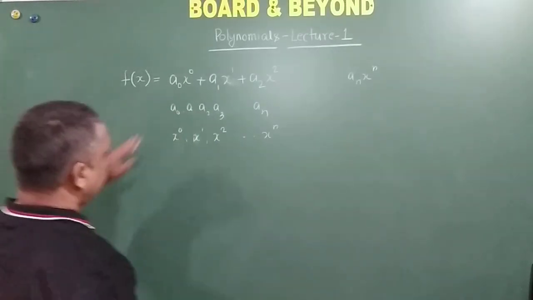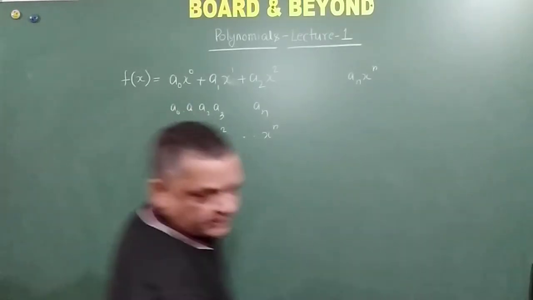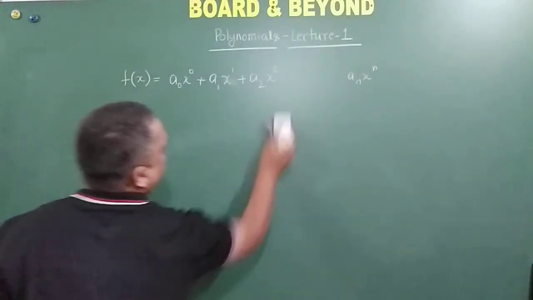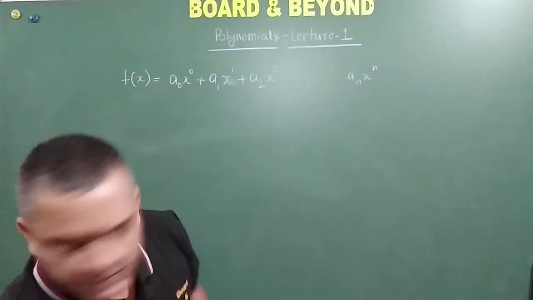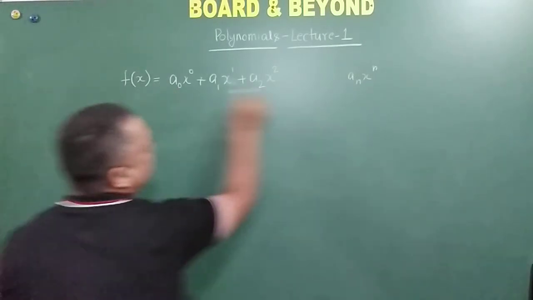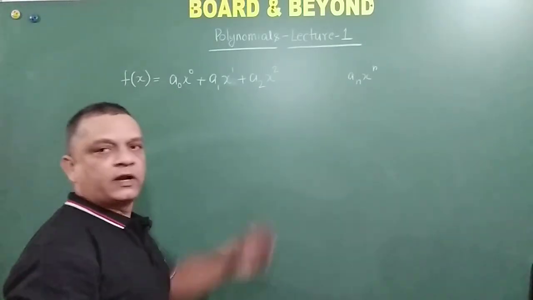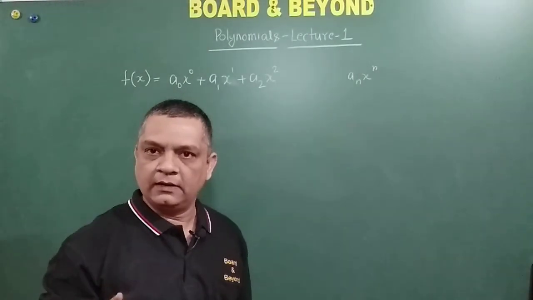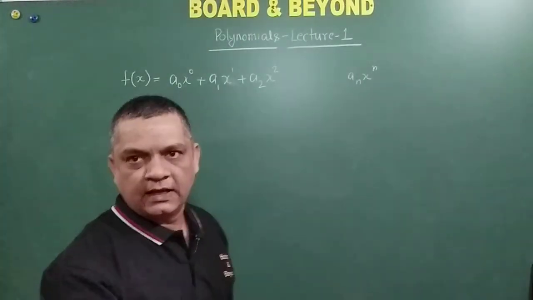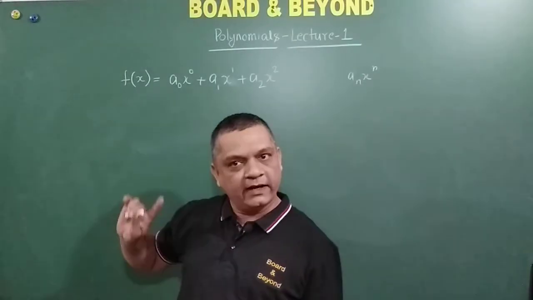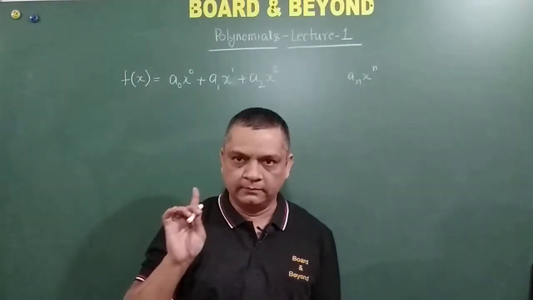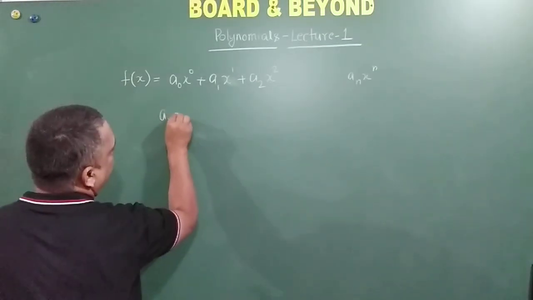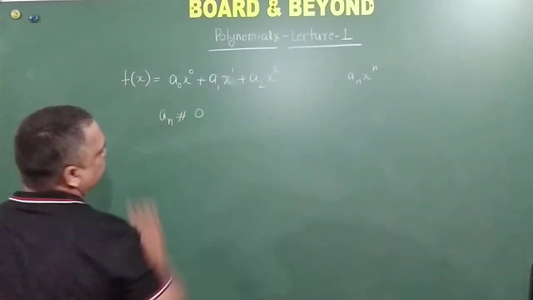Now I'll just wrap it up, and then we will try to understand one more thing here. This expression in x is said to be a polynomial in variable x and of degree n, provided an is not equal to 0.